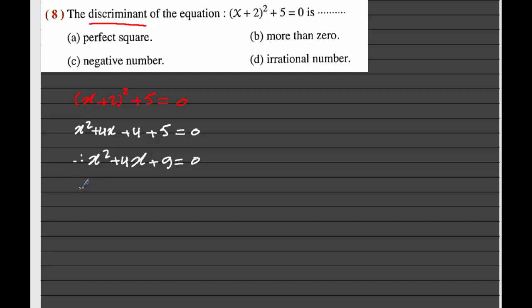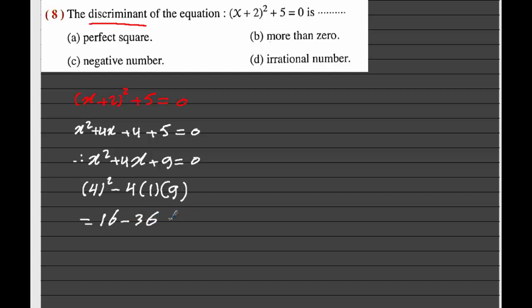So we'll check the discriminant. B square minus 4ac. We have here b equals 4, so we write 4 power 2 minus 4, a equals 1, multiply c which equals 9, equals 16 minus 36.